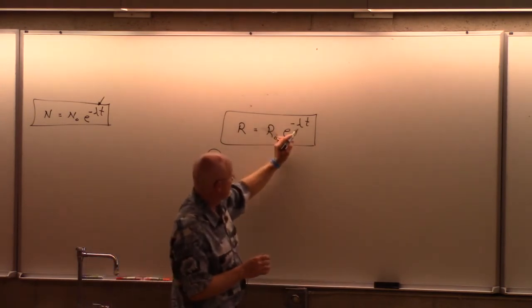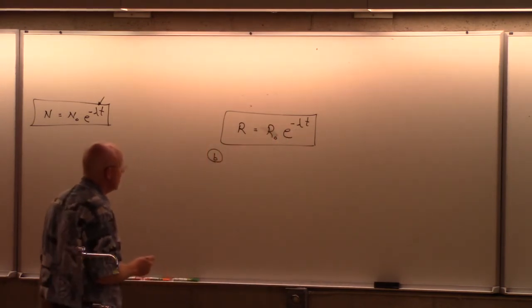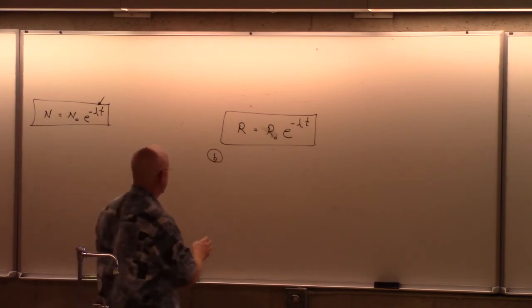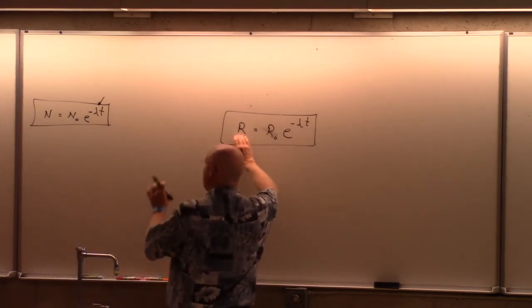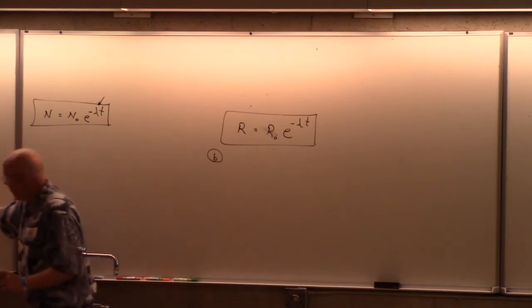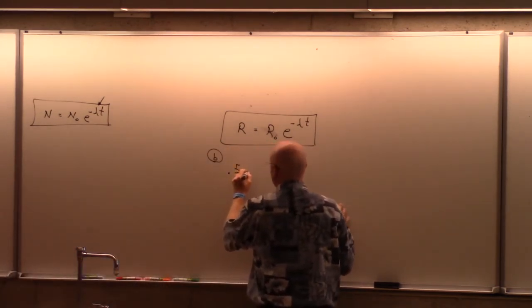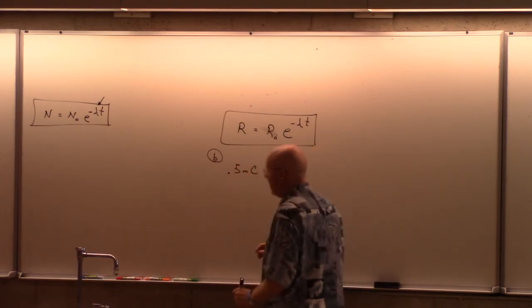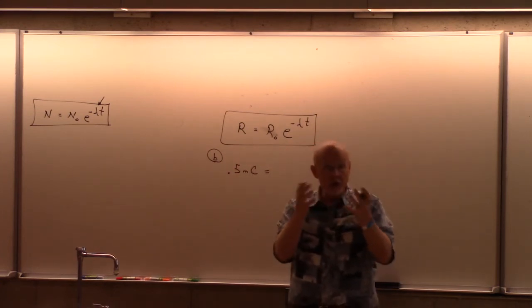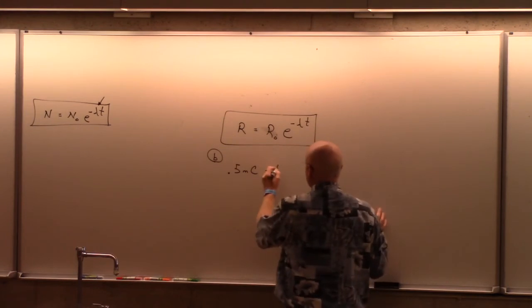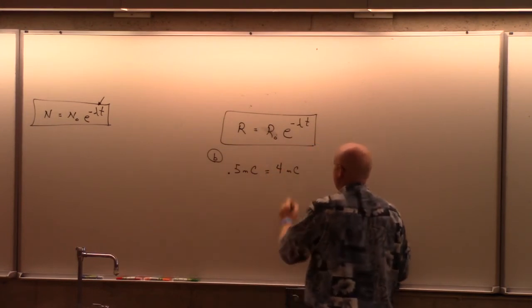And there's our decay constant. So I'm going to say my current rate is 0.5 millicuries. When the sample was new, it had 4 millicuries.